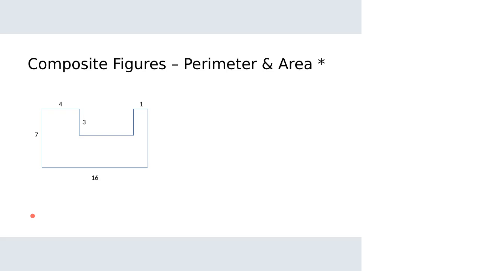First thing I'll say about this one is we have a couple side lengths missing there that we're going to have to find the length of those sides before we can do anything else. Then we'll be able to find the perimeter. And then as far as area goes, there's a couple of different ways you can cut this up. Whichever way makes sense to you is how you should do it.